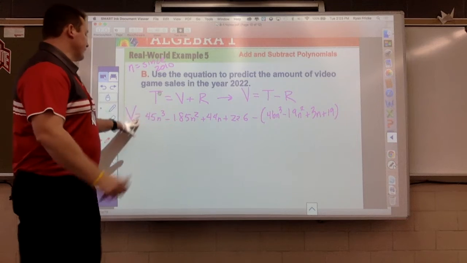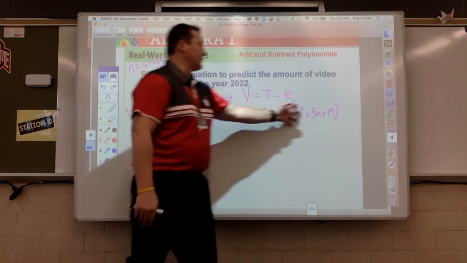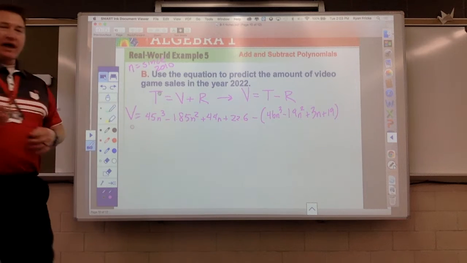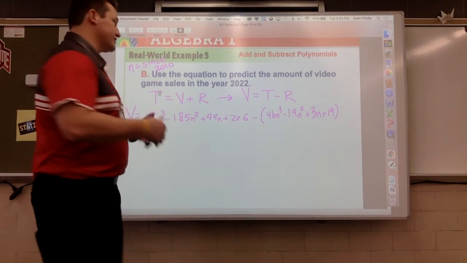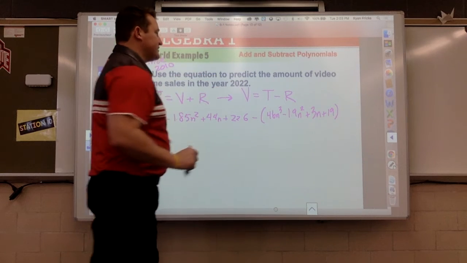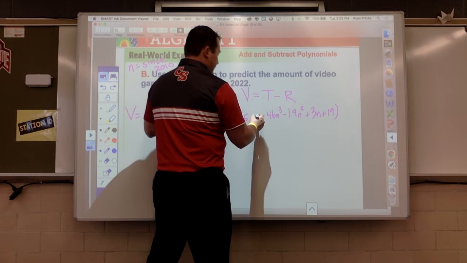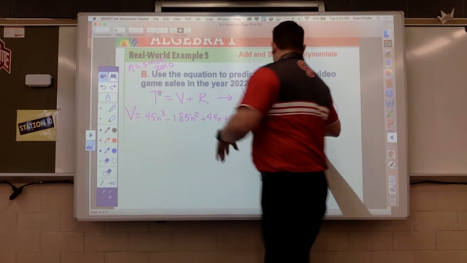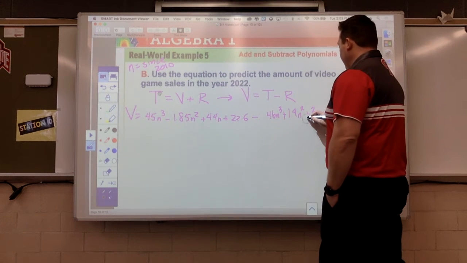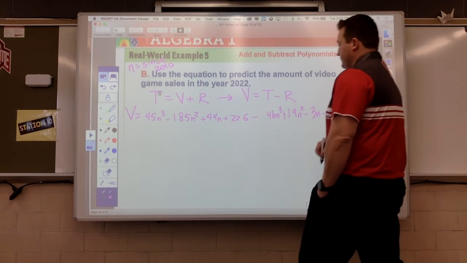Okay. So for starters, here's what I think we need to do. We probably need to clean up this equation and do what we've been doing, which is distribute the -1 in here to change all of these signs. So watch, like magic, I'm going to do that. This is now going to turn into a minus. This will be a plus, and then these two will become minus.